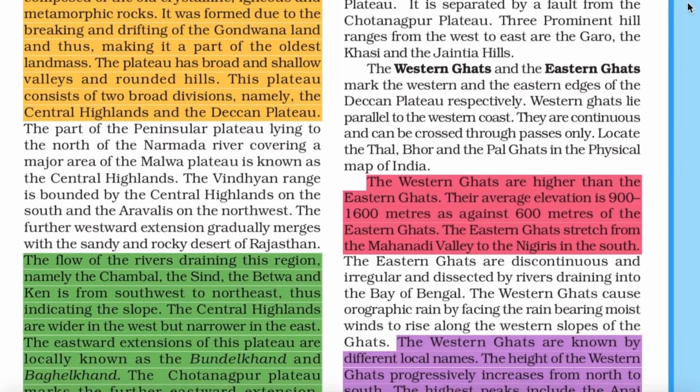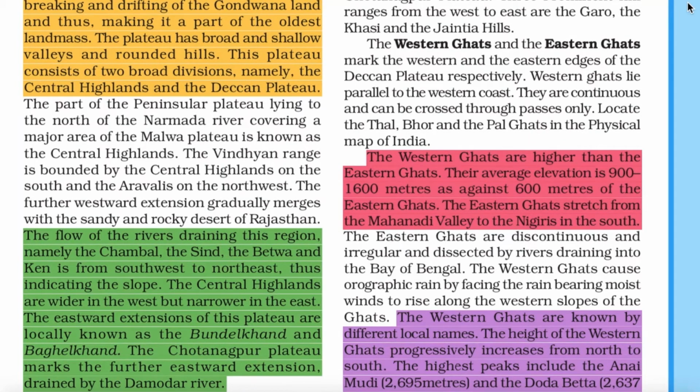The Western Ghats and the Eastern Ghats mark the western and the eastern edges of the Deccan Plateau respectively. Western Ghats lie parallel to the western coast. They are continuous and can be crossed through passes only. Locate the Thal, Bhor and the Pal Ghats in the physical map of India. The Western Ghats are higher than the Eastern Ghats.